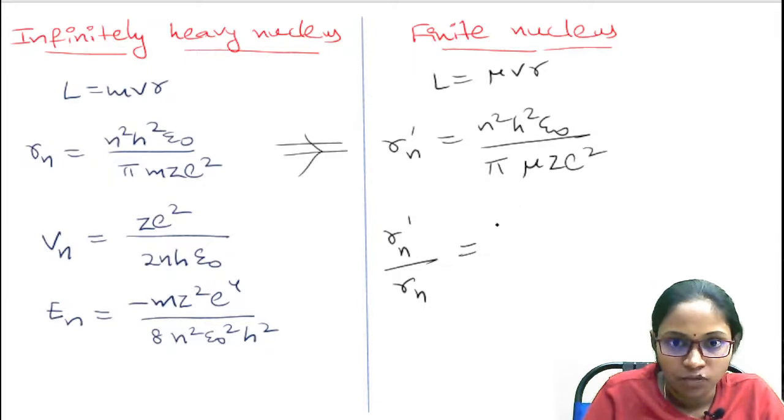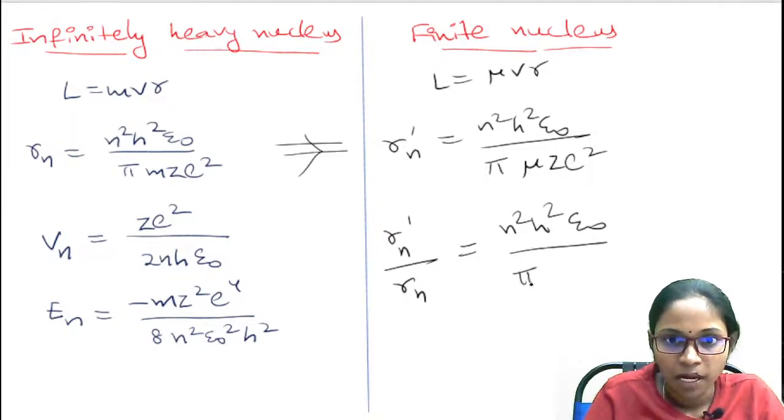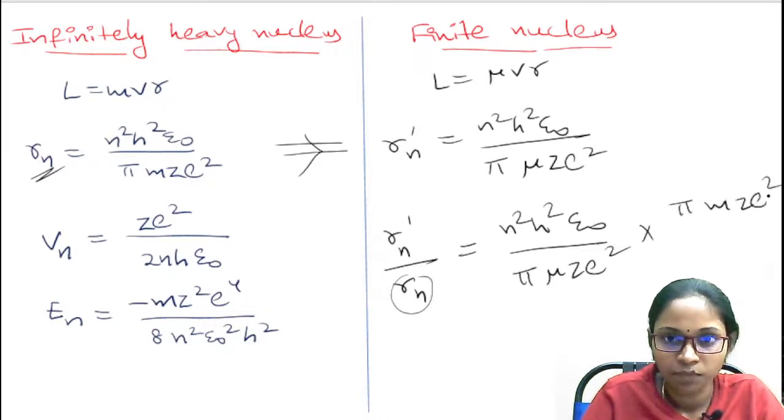So I have n square h square epsilon naught by pi mu z e square into the reciprocal of the radius for infinitely heavy nucleus, pi m z e square by n square h square epsilon naught.